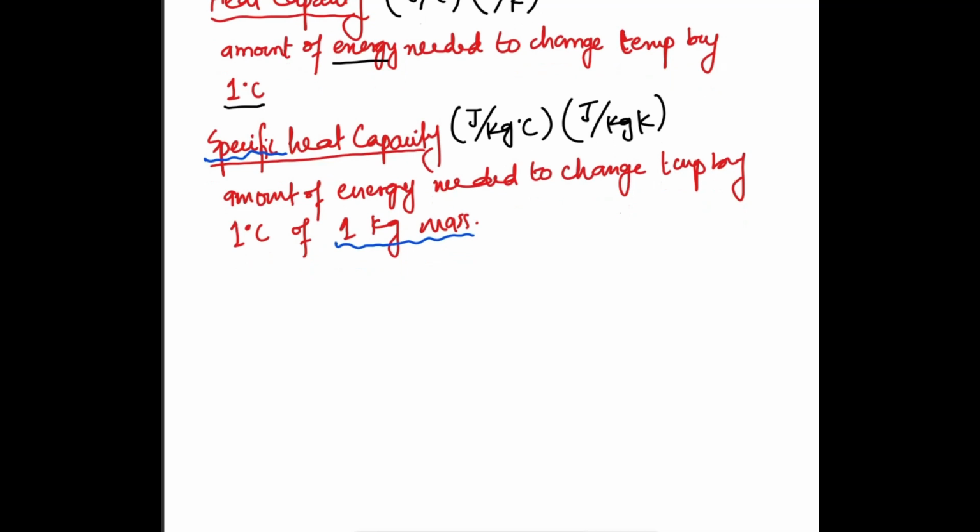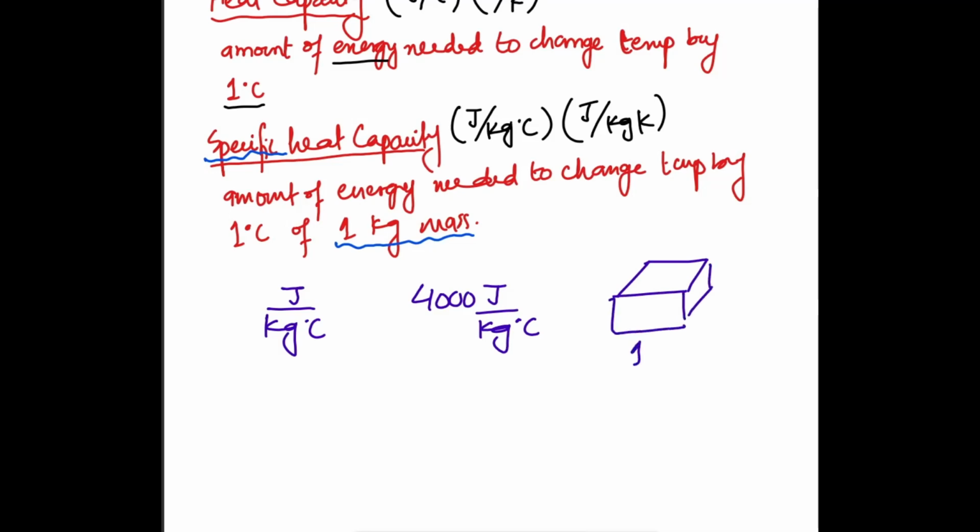So if I analyze the unit of this, that is joules per kg degree centigrade. Okay, that means that if I write down, let's say, 4000 joules per kg degree centigrade, that means that for a mass or a block of 1 kg, let's say this is 1 kg, and if I want to heat it up or cool it down by 1 degree centigrade, the amount of energy that I need to spend or to extract out of it would be 4000 joules.